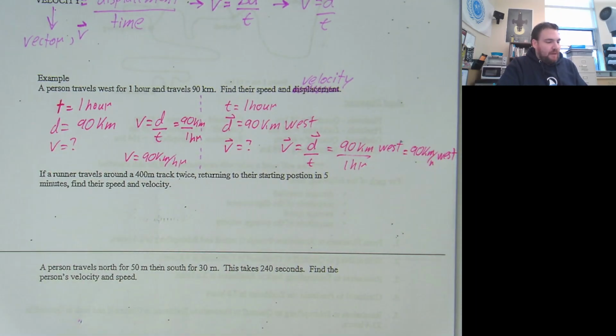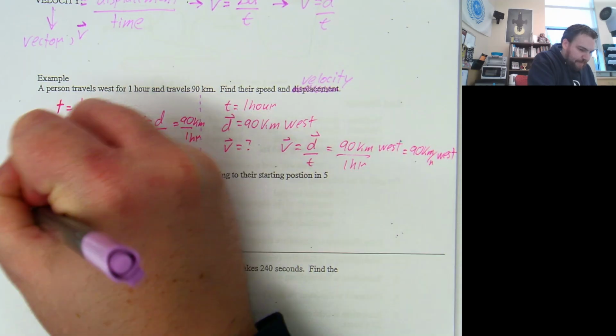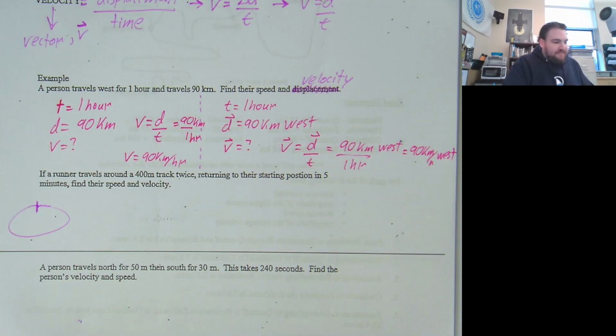Example 2. A runner travels around a 400-meter track twice, returning to their starting position in 5 minutes. We want to find speed and velocity. So let's draw it, shall we? Here's the track. It's a circle or oval. And we're told that track is how long?